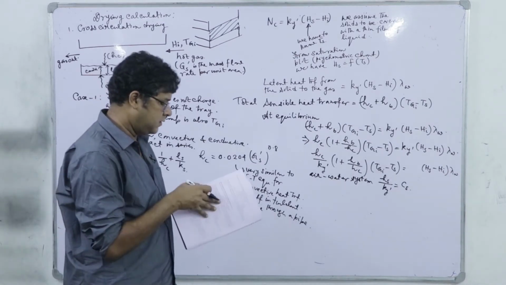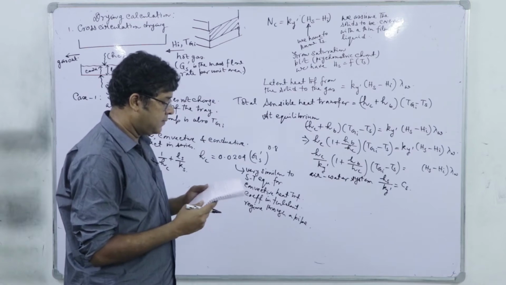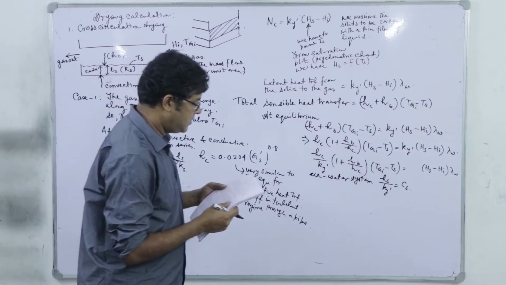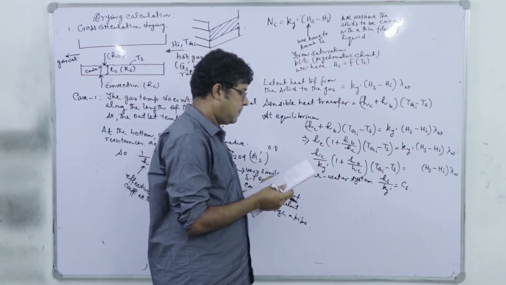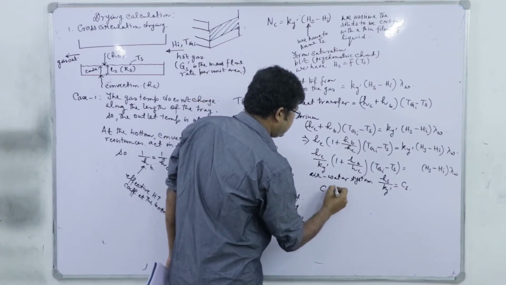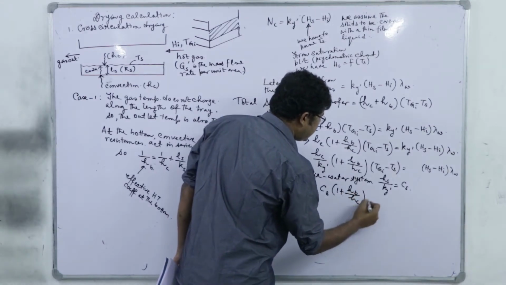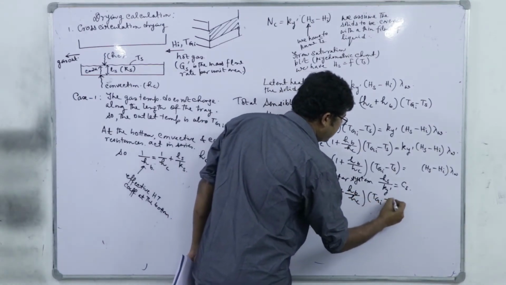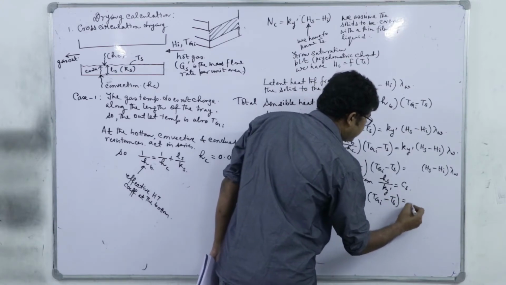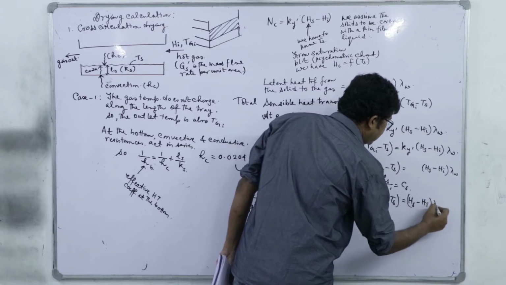So once we know this humid heat, immediately we get Cs into (1 plus Hb by Hc) into Tgi minus Ts is equal to Hs minus Hi into lambda W.